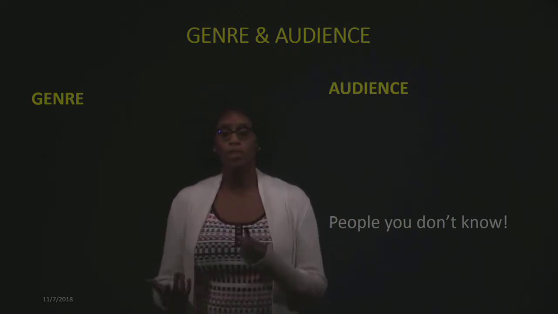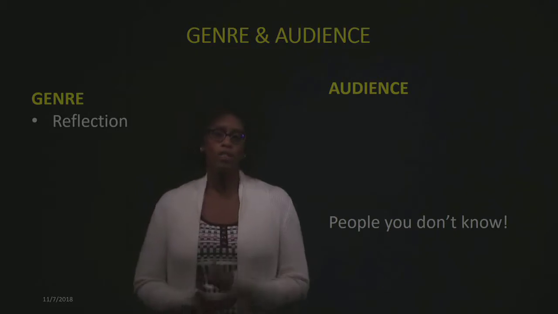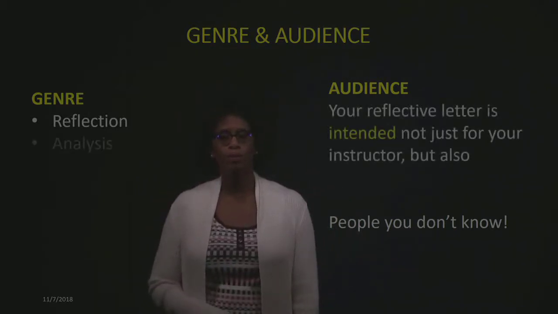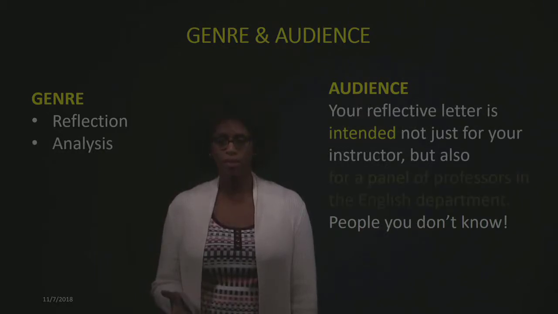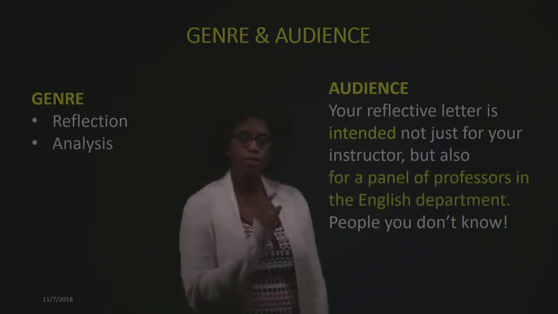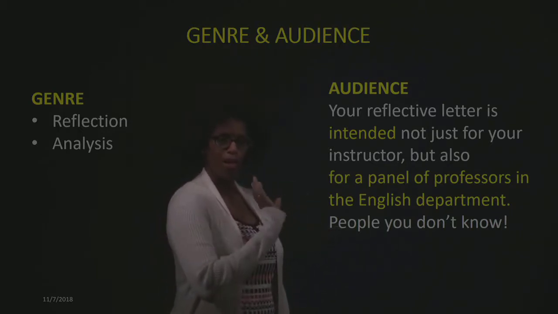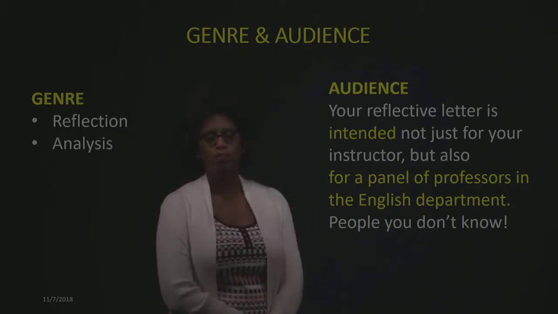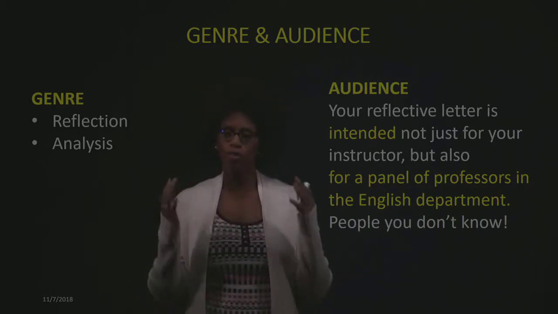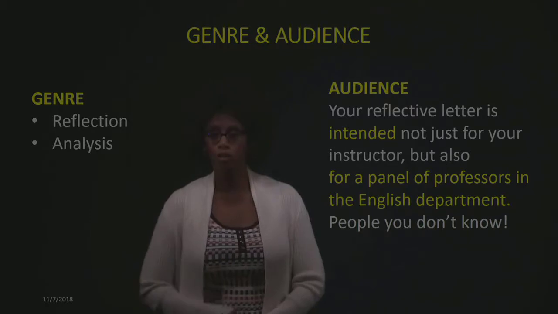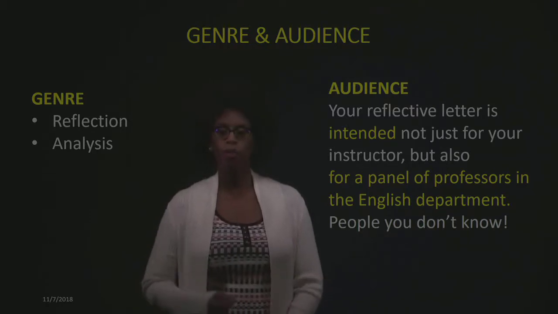The genre, the assignment sheet lets you know that this is a reflective piece of writing. It also uses analysis, and your audience is not just your instructor. It's people you don't know, a panel of English instructors. So that means you have to think differently about what and how much information you need to include in this portfolio.